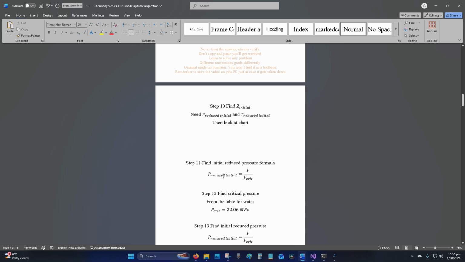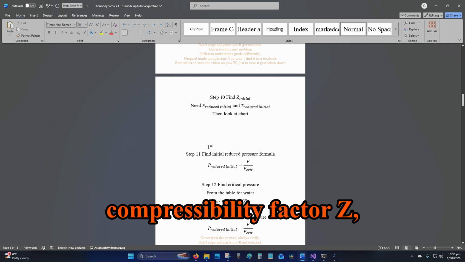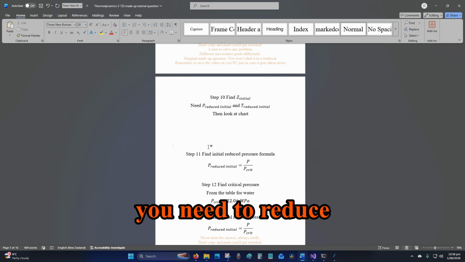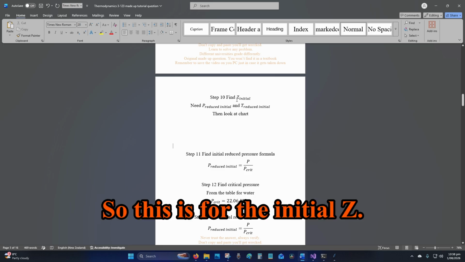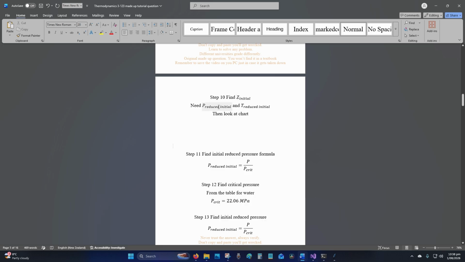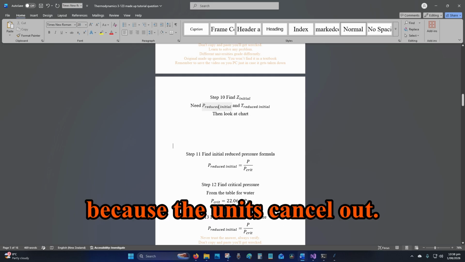Step 10, in order to find the compressibility factor Z, you need the reduced pressure and reduced temperature. This is for the initial Z. These two factors are just ratios because the units cancel out.